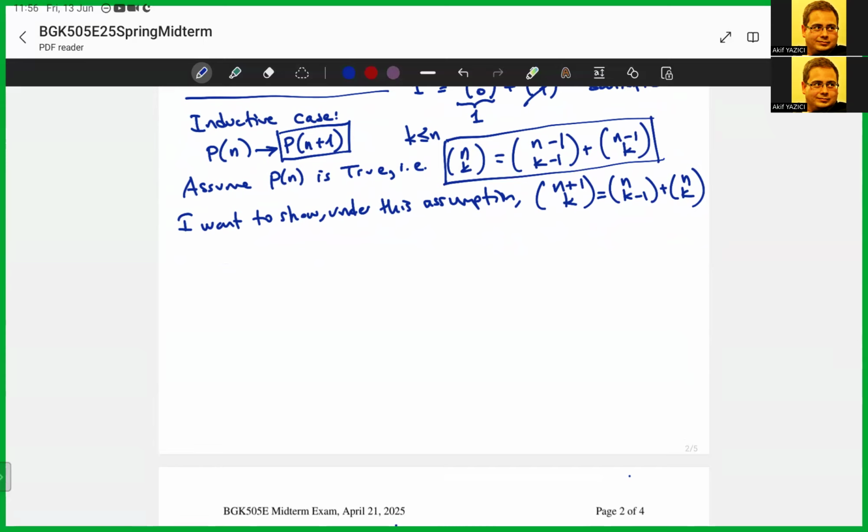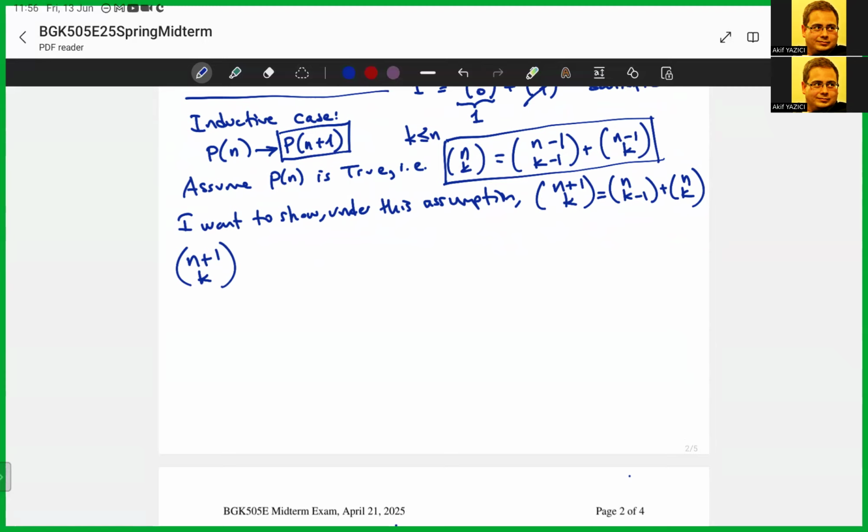So starting from the left-hand side, n plus 1 choose k. Now, I cannot apply my assumption here because I only assume this for n, or if I use strong induction, I can only assume this up to n.